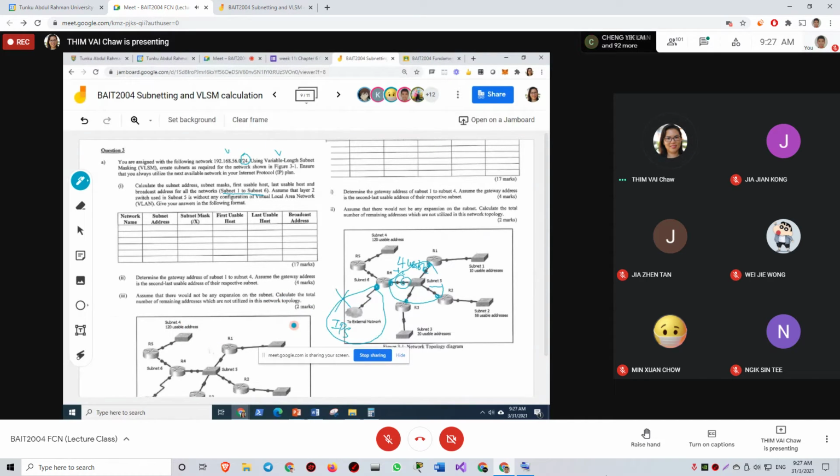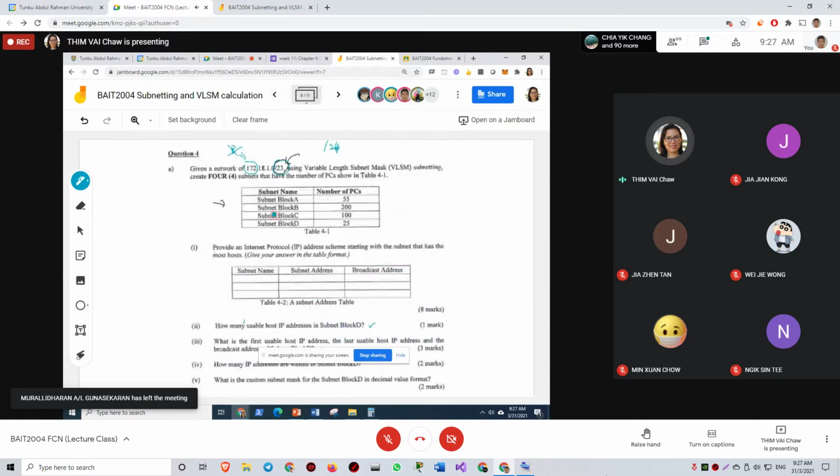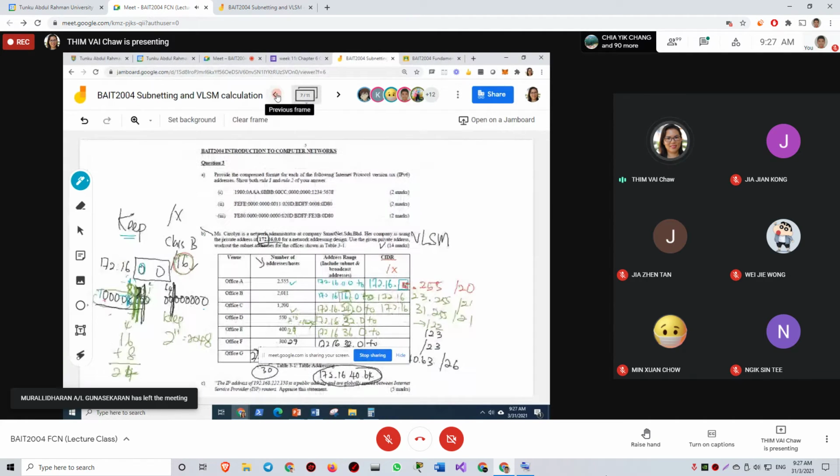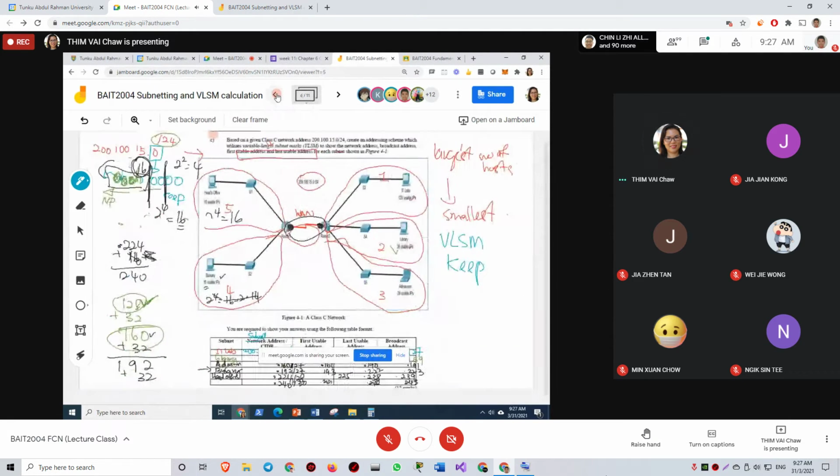Some of you will say, hey Miss Chow, why is the address not always a private address? They can use a public address to do subnetting also. For example, this address, 220, 200.